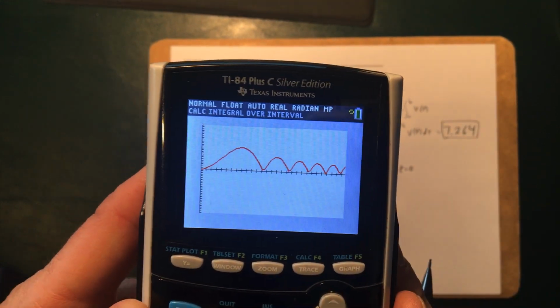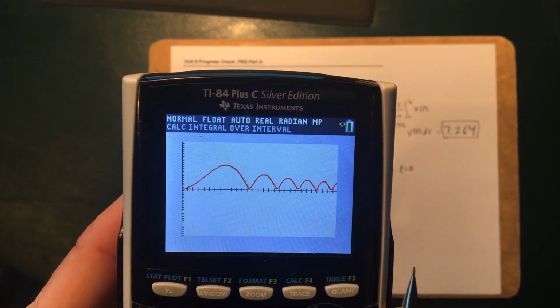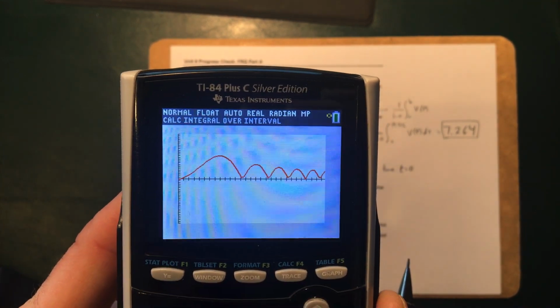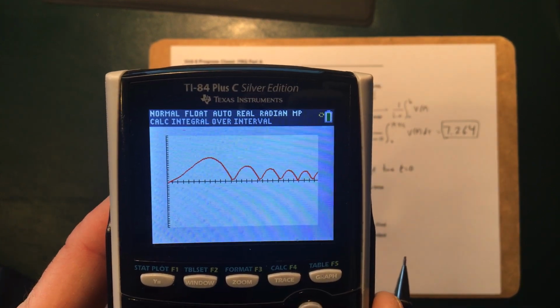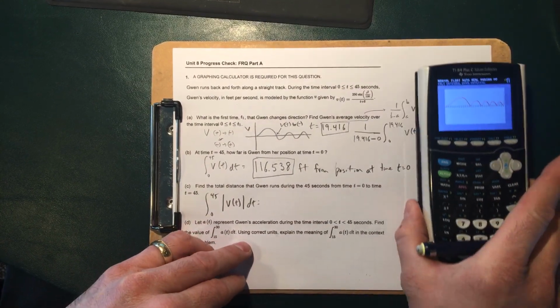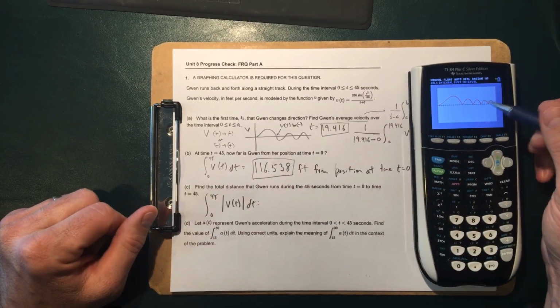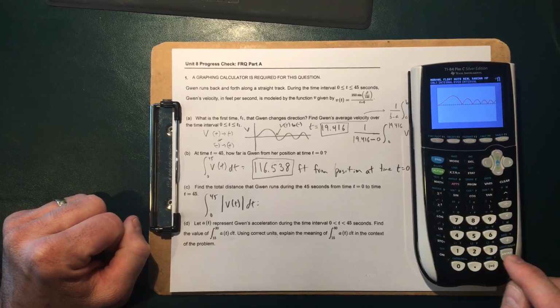It should be somewhere way bigger. Man, this is really going to have to think. Calc integral over interval. I don't know why it's taking so long.